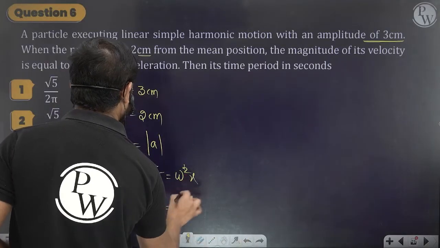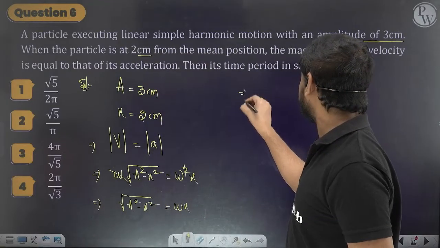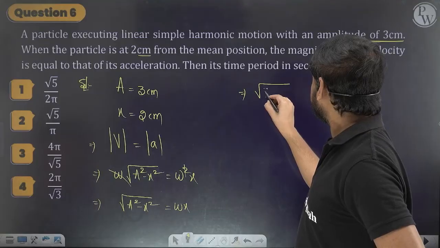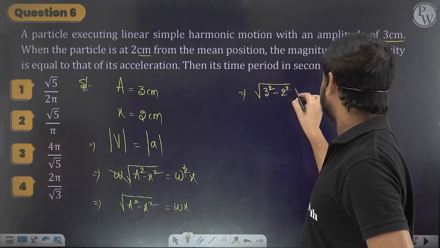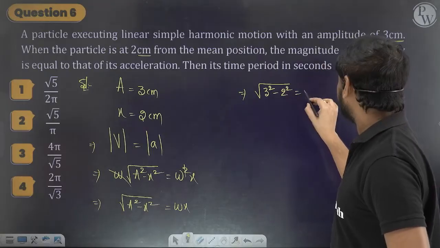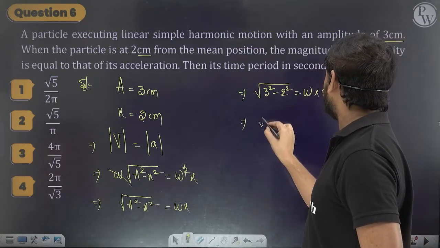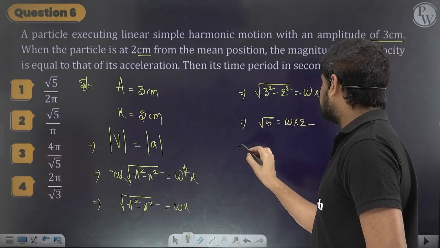One omega cancels, so here omega into x is left. So now substitute the values. This is going to be square root of a square minus x square, which is 3 square minus 2 square, which equals omega x. We have to find x, what is it? 2. So I can write this as root 5, which equals omega into 2. From here, what's the omega value?